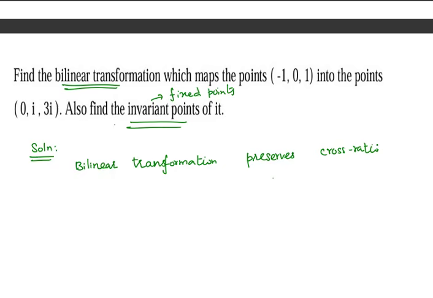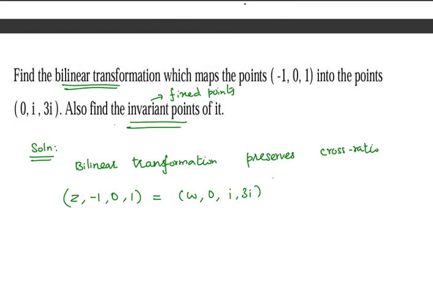So I am going to use that result. What does that mean? Minus 1 is mapped to 0, 0 is mapped to i, 1 is mapped to 3i. So the cross ratio of (z, -1, 0, 1) equals the cross ratio of (w, 0, i, 3i).